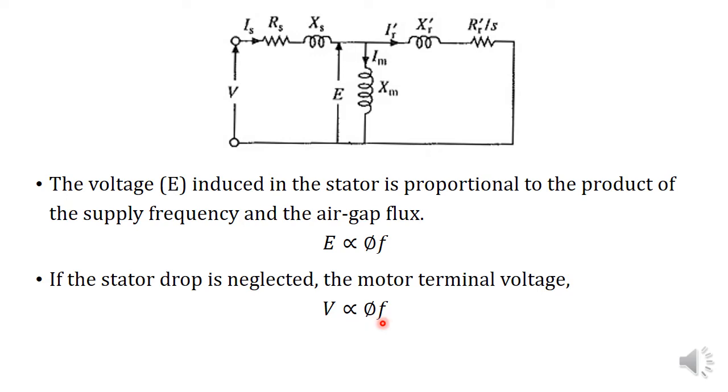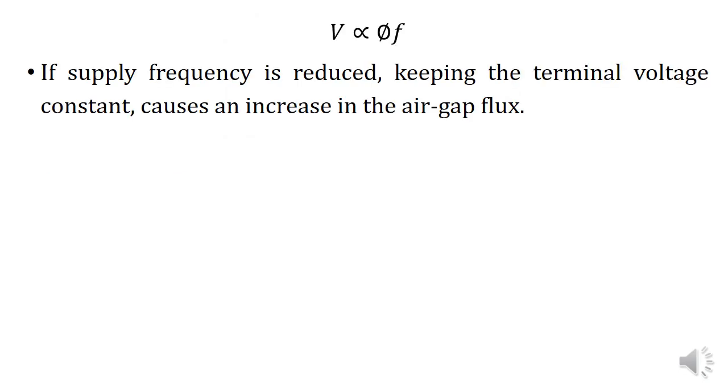So we can say V is proportional to phi F. Keep in mind we have to vary the value of frequency in order to control the speed of the motor. So consider the equation. Here we are keeping supply voltage as constant. We are only varying the supply frequency. Then if you reduce the frequency by keeping supply voltage constant, then obviously the air gap flux will increase.